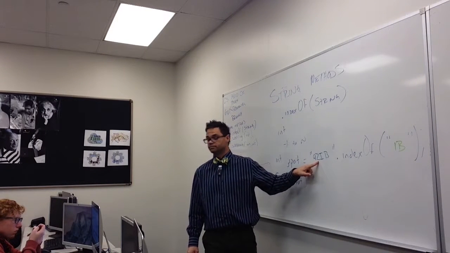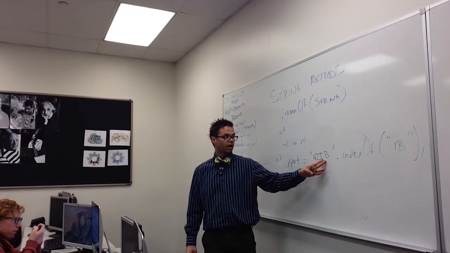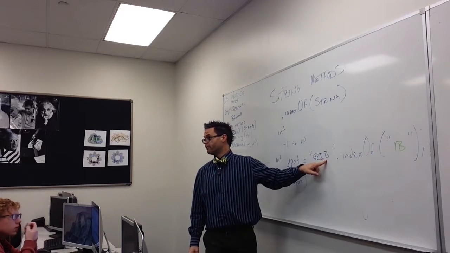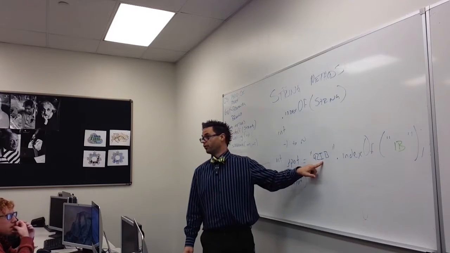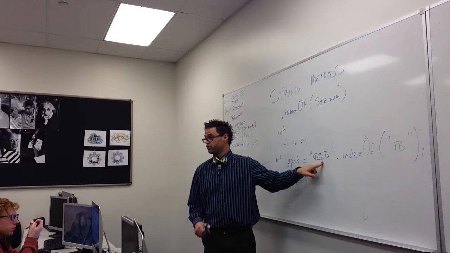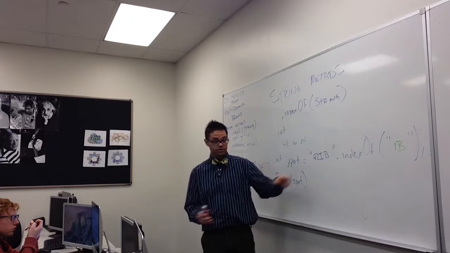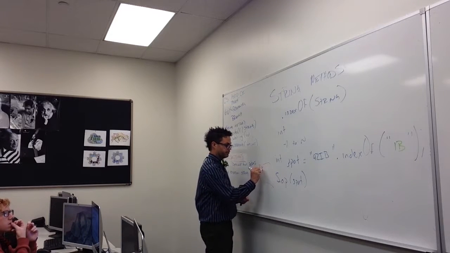Definitely not ib. Could be ib. Let's look at the next character. It is ib. Oh. 0, 1, 2. Okay. So this is going to return 2. And so it would then print 2.